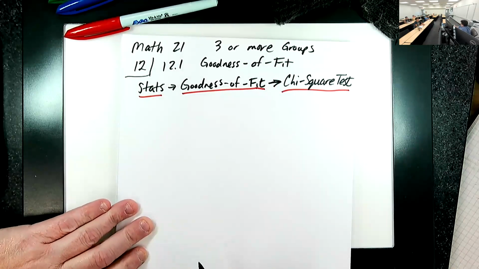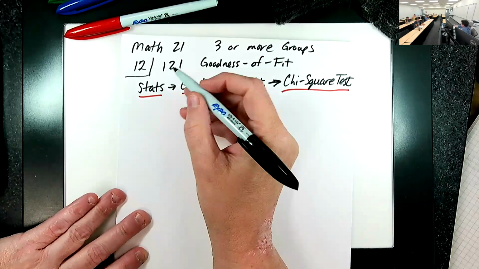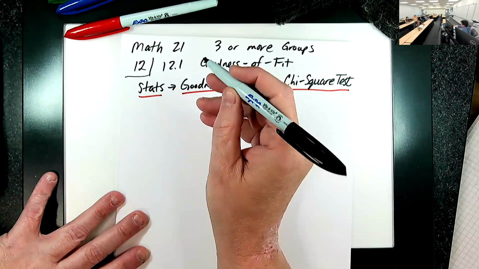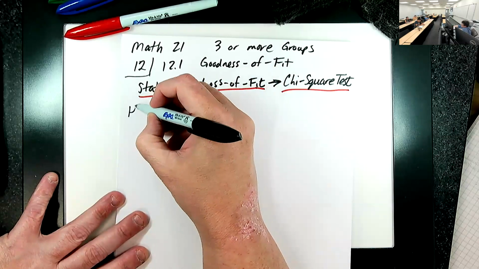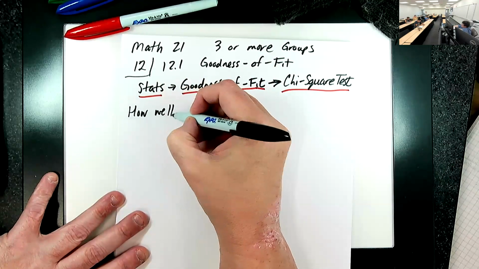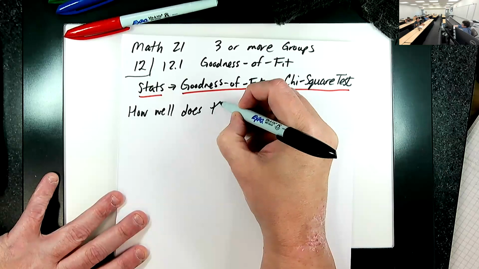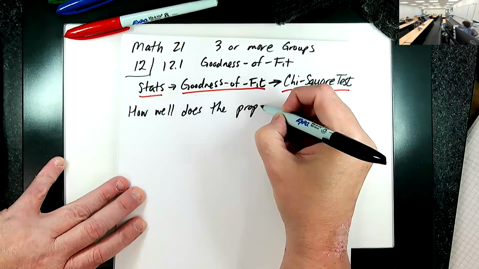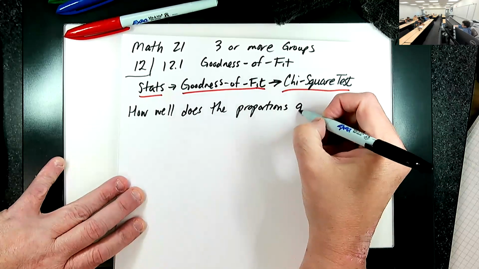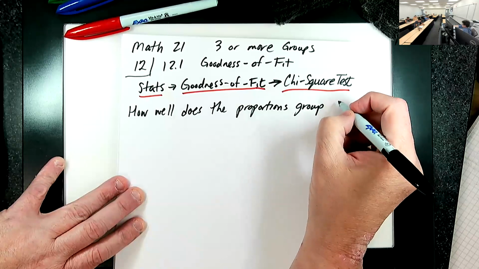Yes. Let's do that. So, this is kind of like, we want to know how well does the data we have, does the proportions for each group match what is expected?